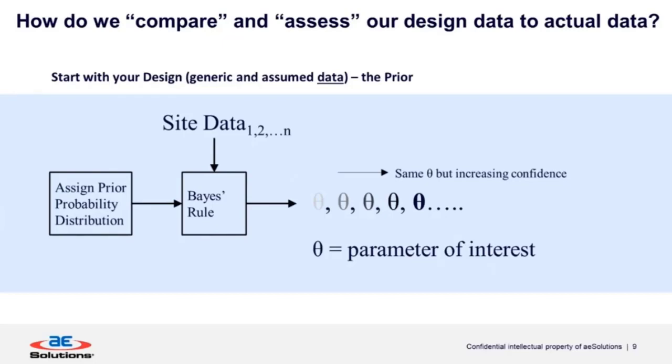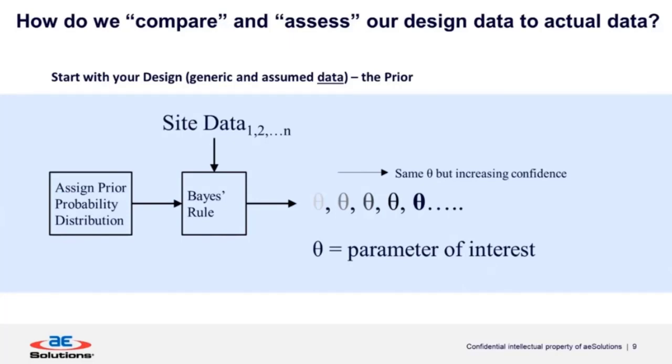But you still need to make some site determination and make that comparison to have some confidence that at that site, yes, you are aligned with that generic data. And so we're going to use something called Bayes' rule or Bayesian inference to compare site data and the prior data, which is your generic.